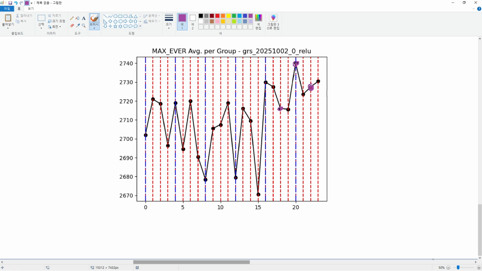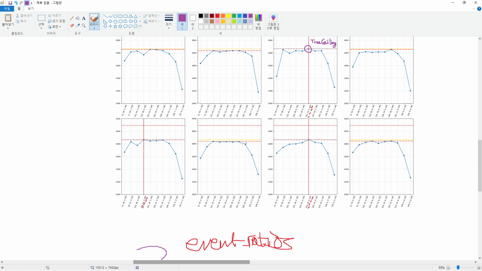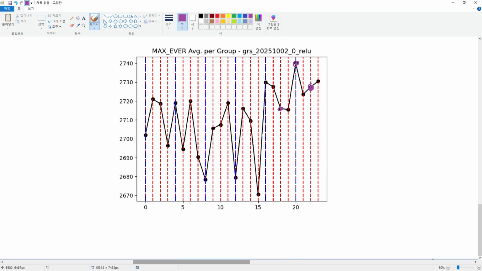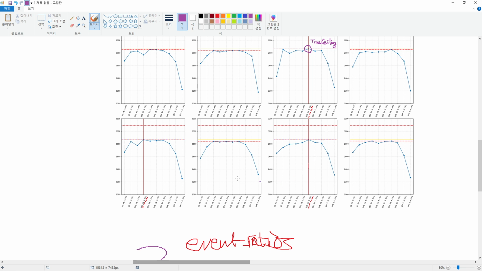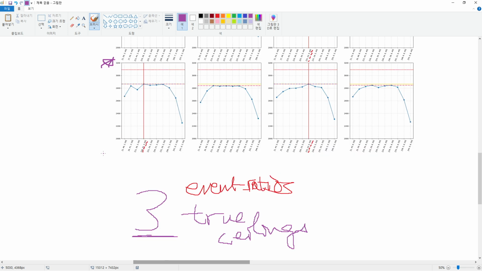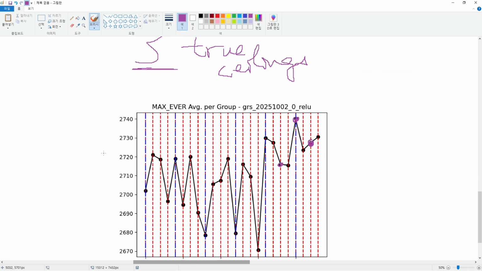So these three gave me the true ceilings, but if I were to average these out, this one was the highest, meaning this one had the highest. But this is not really a mystery.